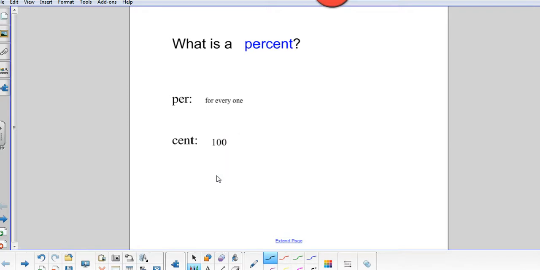Really, percent is used for when we have decimals or fractions that are a little unlike and hard to compare. Percent is a way for everybody to deal with and understand what they mean, how many it is out of 100. So even if it's not out of 100, you're kind of bullying the number to be out of 100 when you change it to a percent, and then it's very easy to compare.